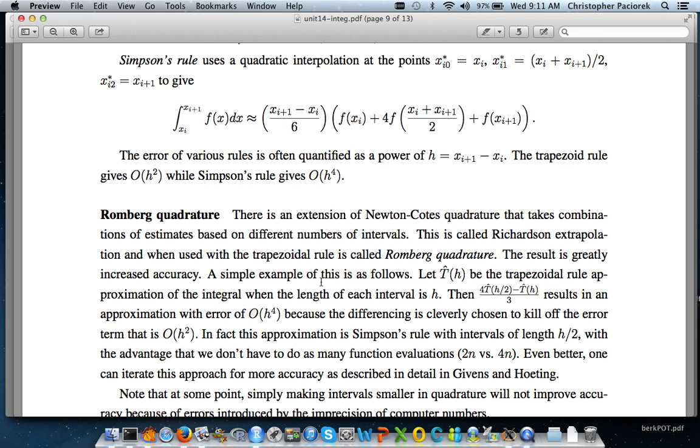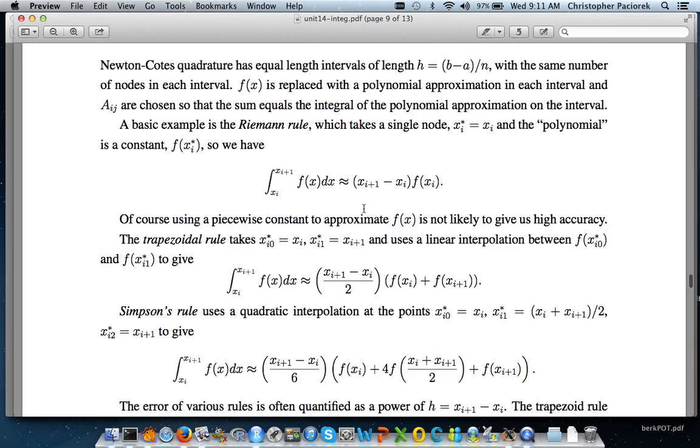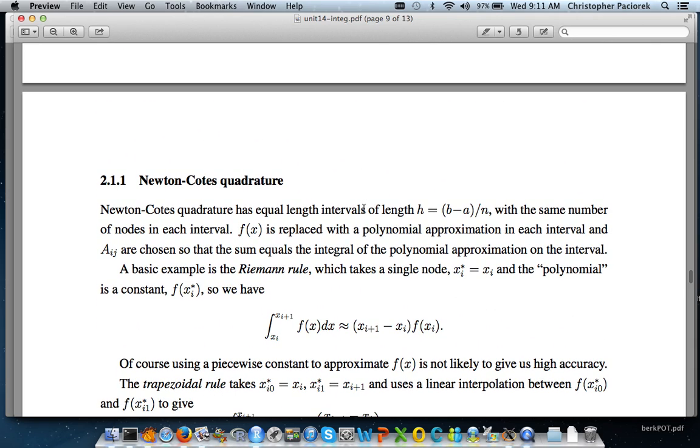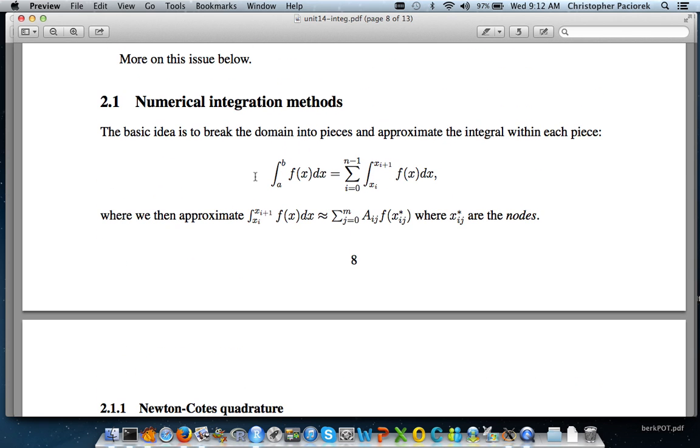Okay, so we left off talking about integration. Any questions from last time? Okay, so one of the ideas I was drawing out was that a lot of the different methods of integration, some of which you've seen before, can be written in this form here, which is basically a sum over intervals, and then you have some approximation in each of the individual intervals.